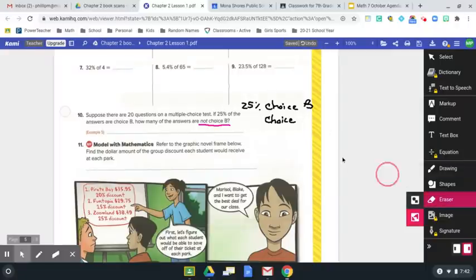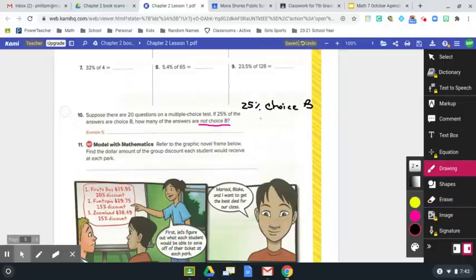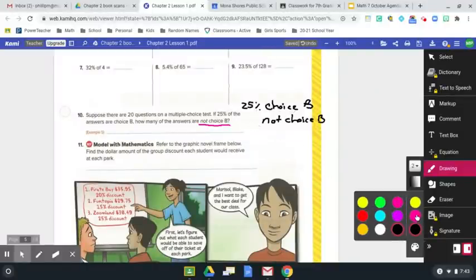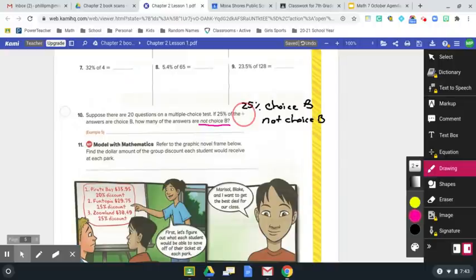Actually, I probably should have worded that differently. Let's try that again. Not choice B. Well, if 25% are choice B, what percent is not choice B? Well, wouldn't that be 75%? Right? Because you want that to add up to 100%.